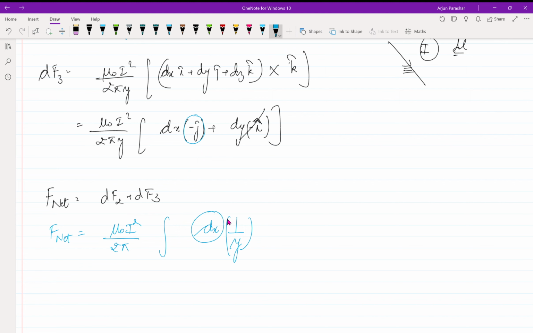Why? Because we are doing integration with respect to x. I think I mentioned y previously in my comments, but we are doing integration with respect to x, so we'll be using the x limits, sorry.